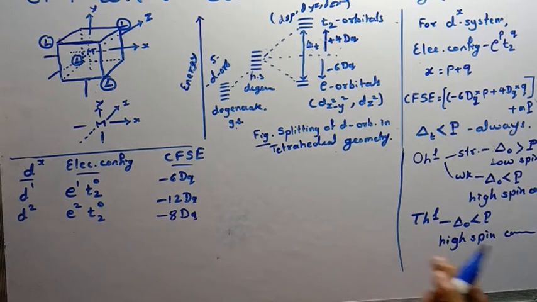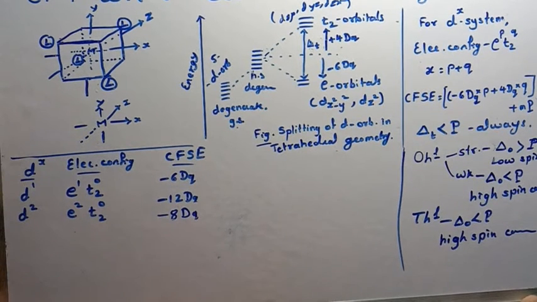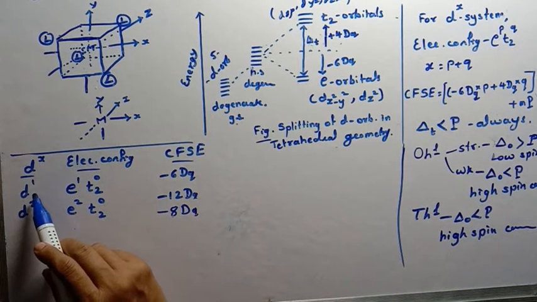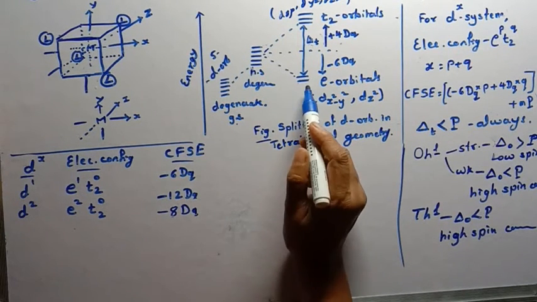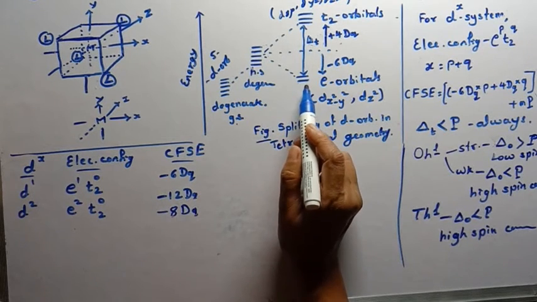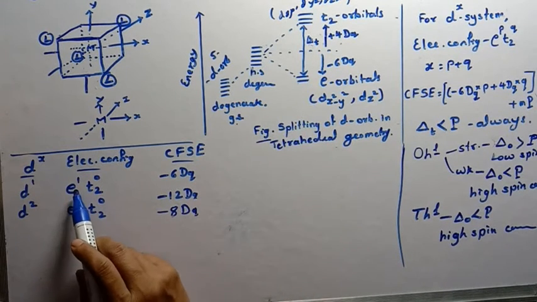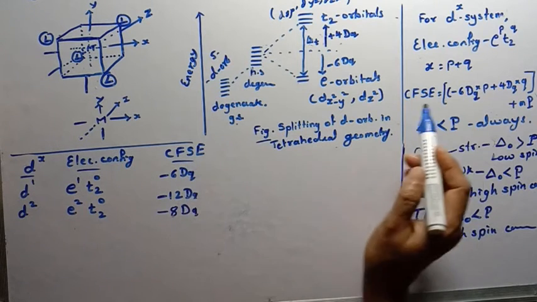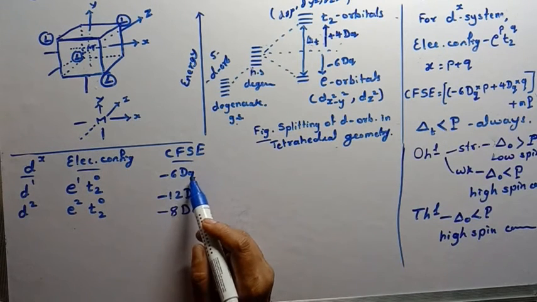So now we'll calculate by taking different d^x systems. So if x is 1, the electron goes to lower energy level first according to Aufbau principle. Therefore e1, so energy is decreased by minus 6 Dq. Therefore CFSE with this formula is minus 6 Dq.